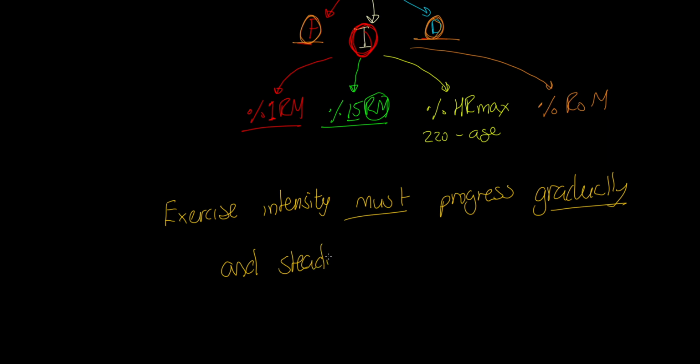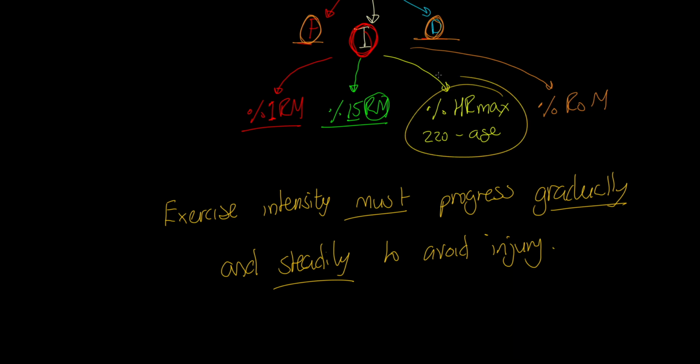Why? To avoid injury. If we go to the gym and try and do too much, too heavy, too fast, too high a percentage, we work at a heart rate max that we are not prepared for, we are going to experience injury. Sooner or later, that is going to happen.